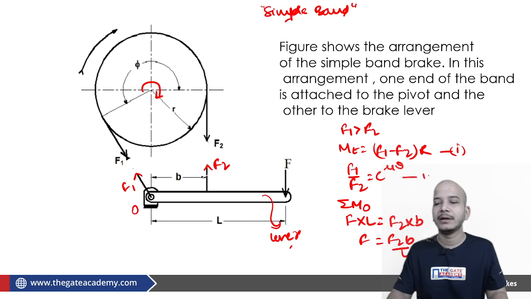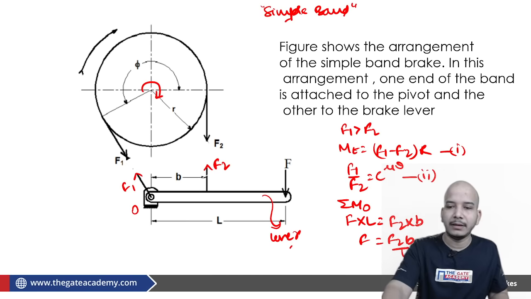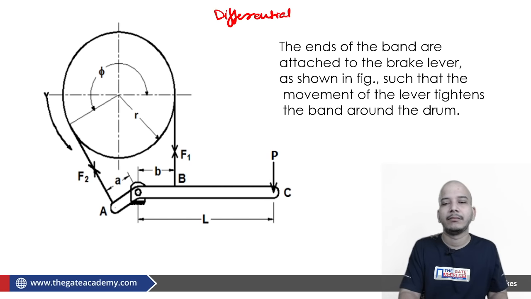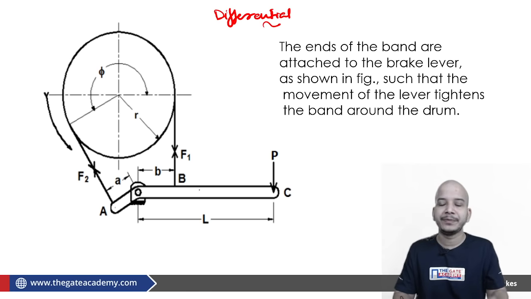First, second and third. Now, if I am talking about the differential band brake, then in that case we have to understand that neither of the ends should be on the pivot.